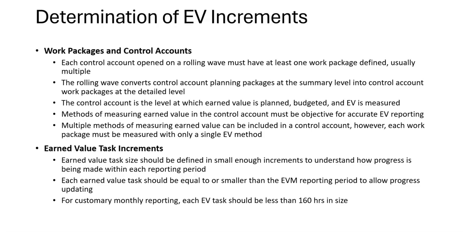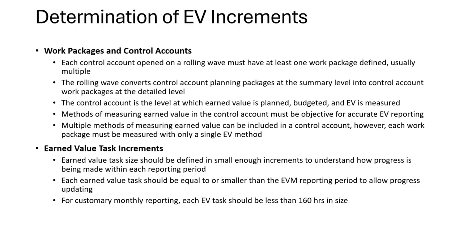The control account is just a summary level of all the work packages within that control account. Sounds confusing, but it's not, and this is usually done by the control account manager, the CAM, who is usually certified by the company or finance to understand how to do control accounts, how to measure earned value, and how to report variances to a control account.